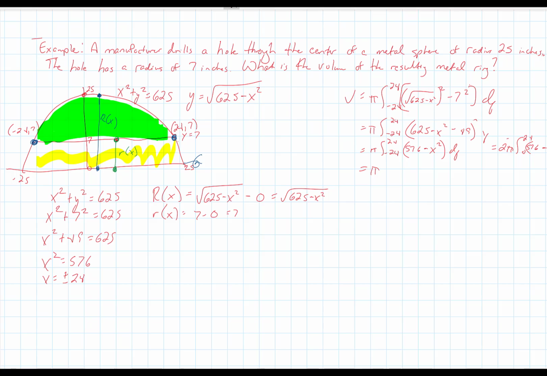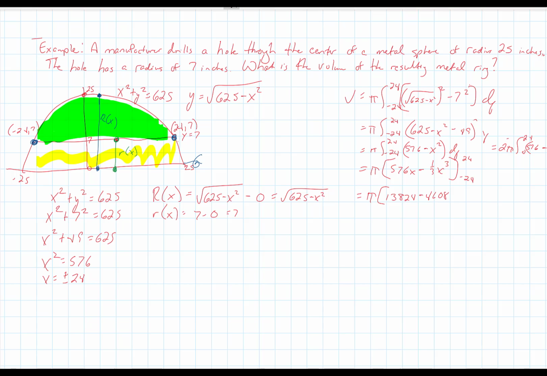And so if I integrate this, that's pi times 576x minus 1/3 x cubed, evaluated from negative 24 to 24. Subbing in, I end up with pi times 13,824 minus 4,608 when I plug in positive 24.